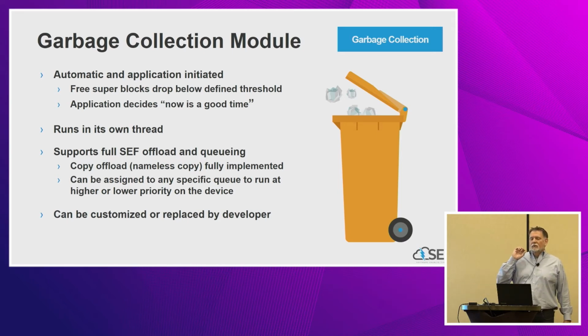No, you can tell the device, I want you to copy from this superblock to this other superblock, and here's a bitmap of the valid data that you need to copy. That's one mechanism that can be used with the copy offload engine.